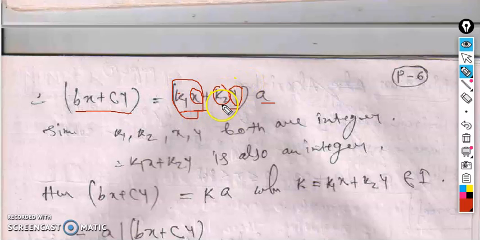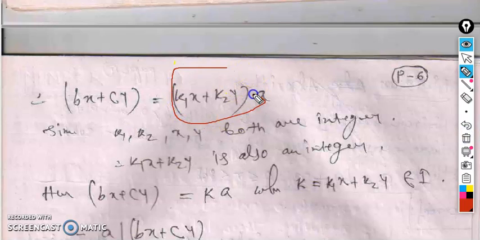This one, the product of two integers, is also an integer. So the addition of two integers should also be an integer. That means the overall result is an integer.